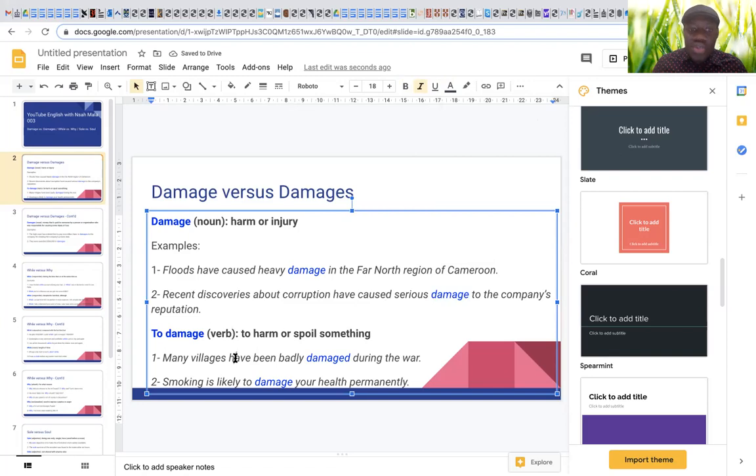So the verb to damage means to harm or to spoil something. For example, many villages have been badly damaged during the war, badly harmed, badly destroyed. Number 2, smoking is likely to damage your health permanently, to harm your health.